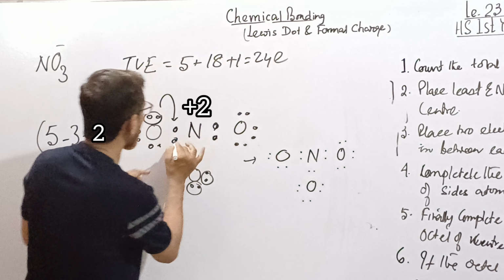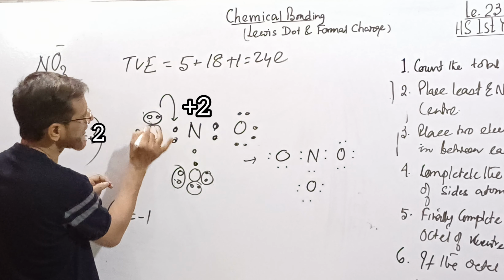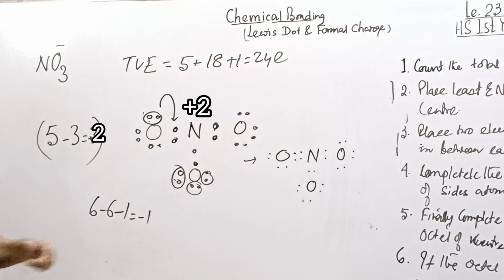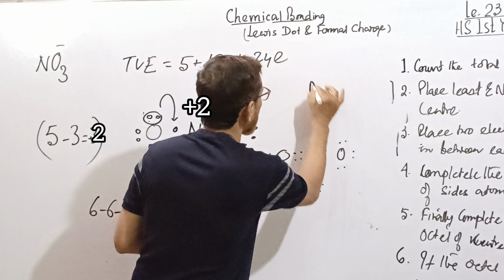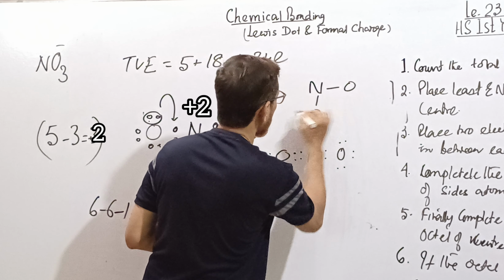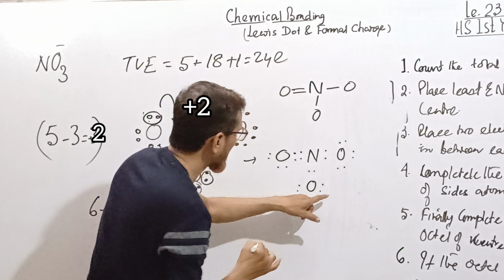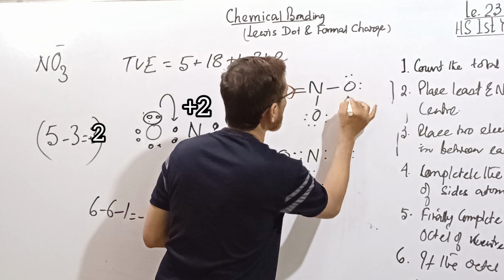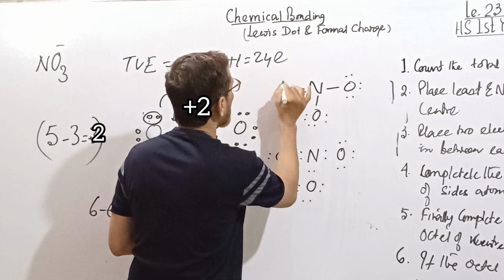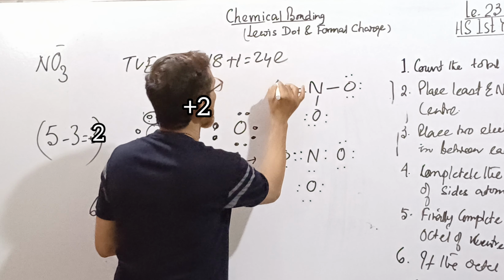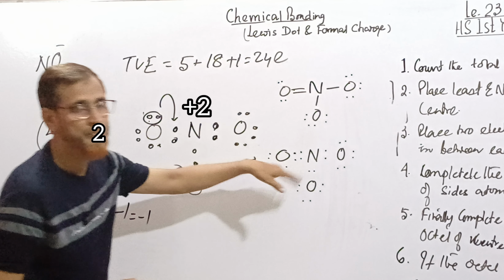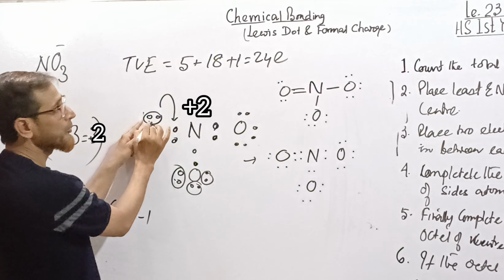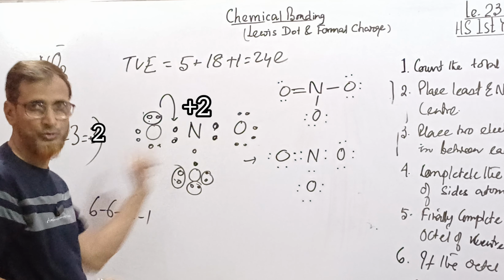So the structure is actually one single bond O, one double bond O, and the others with 1, 2, 3 lone pairs, and here only 2 pairs. Am I right? Finally, we have arranged this lone pair between nitrogen and oxygen.